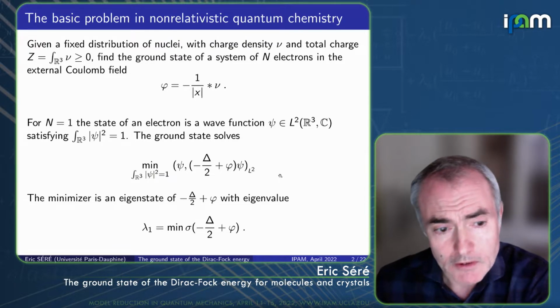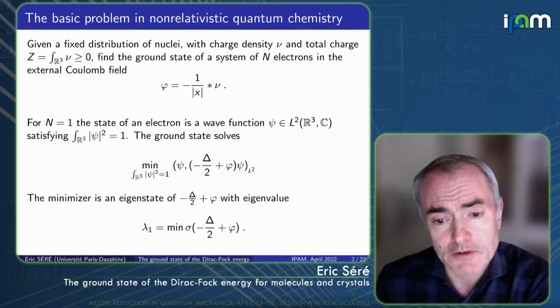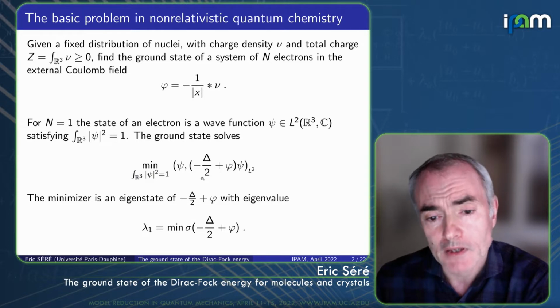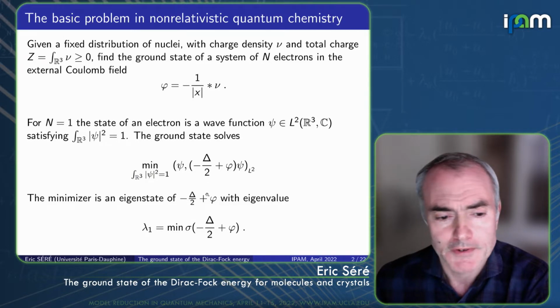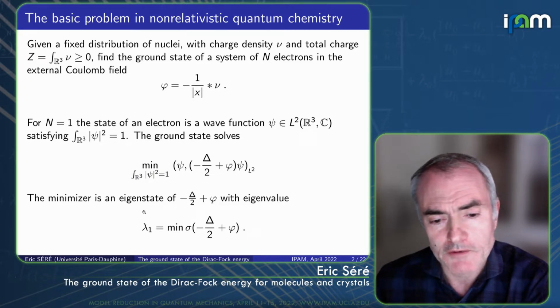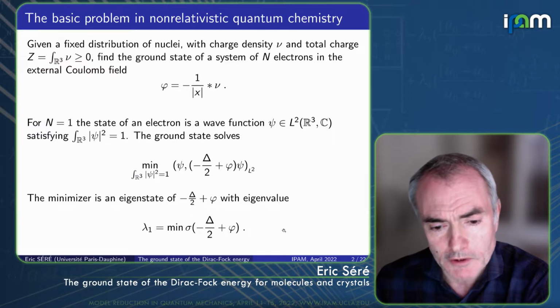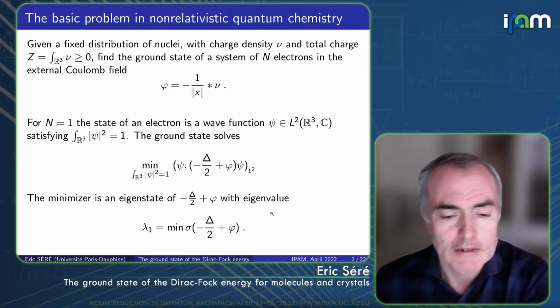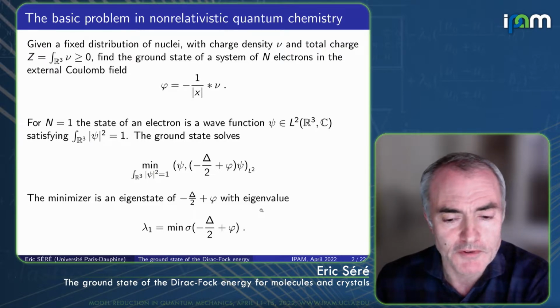And this minimization problem also, of course, has an associated Euler-Lagrange equation, which is just the eigenvalue equation. So the minimizer is an eigenstate of the Schrödinger operator, the eigenvalue being the smallest possible eigenvalue of this operator.